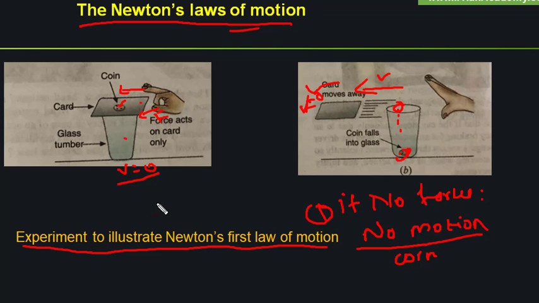If force is not equal to 0, then you get a velocity not equal to 0. Understood? So here the card, you applied a force and it moved. And the coin, you didn't apply the force, it fell down. So this is Newton's experiment to show Newton's first law of motion.